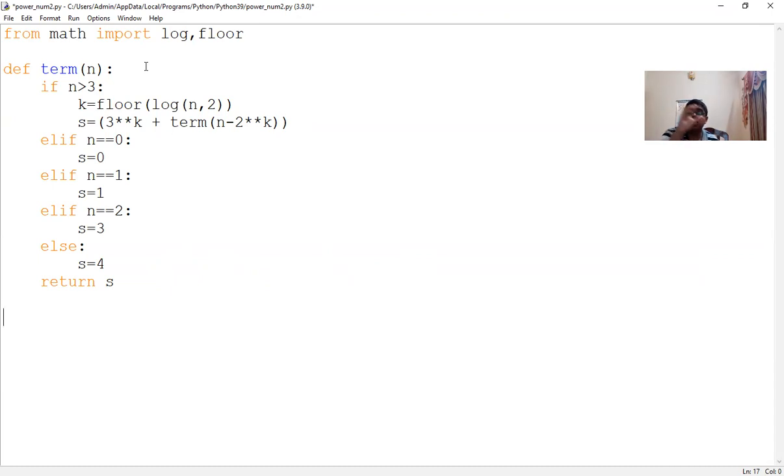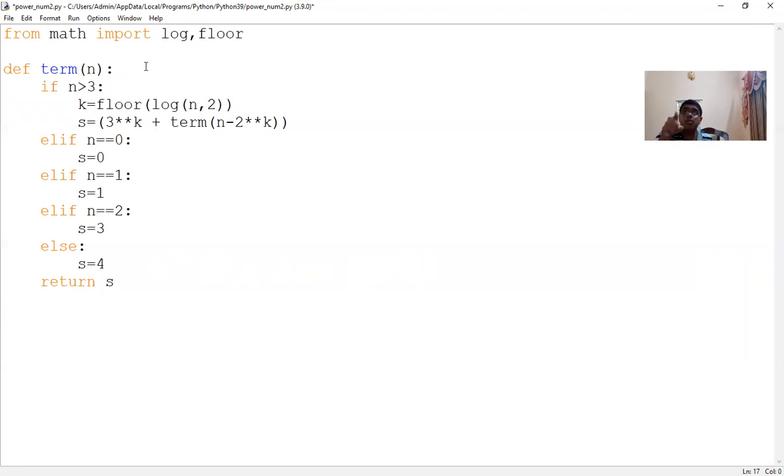And then since it was k, we raise it to 3 power k, and then we want the term of n minus 2 power k. For example, when n is 100, we calculated k was 6, because it's floor of log 100 to base 2, that is 6. Now s is equal to 3 power 6 plus the 36th term. What was the significance of the 36?